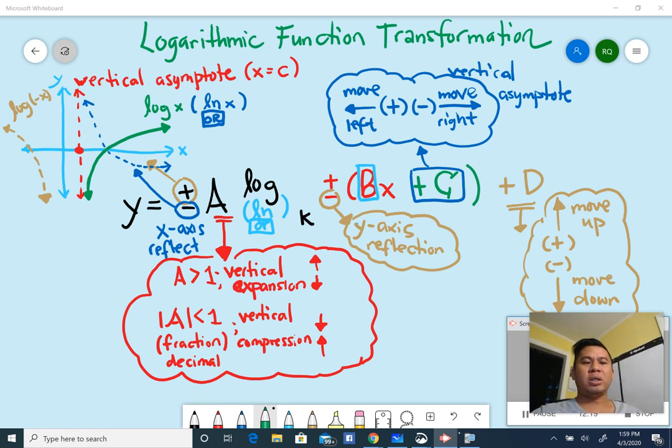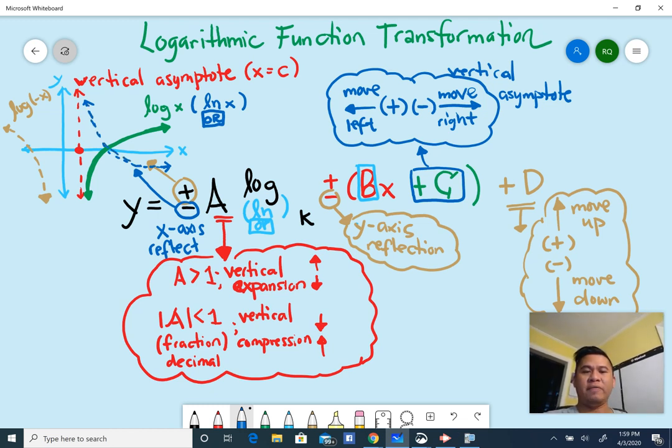Again, if it's a positive, then it's the regular logarithmic function in here. If it's a minus, then we will reflect along the x axis in this case.